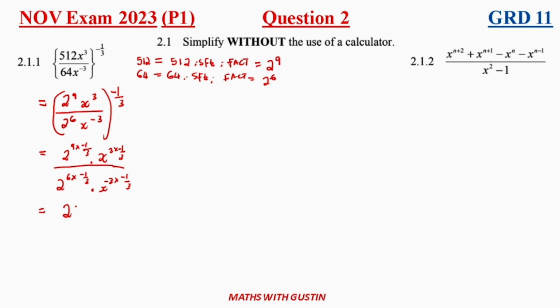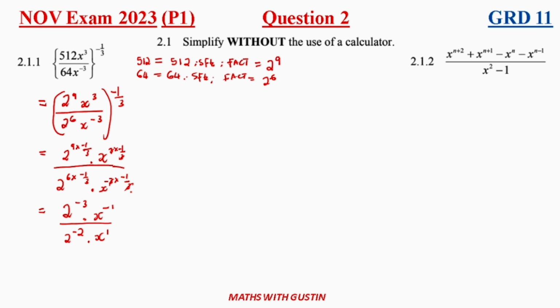It goes 3 times into -3, so the 3s cancel out, and we're left with x to the power of -1 all over. Here we are going to be left with 2 to the power of -2, and the 3s cancel out, and we have x to the power of 1.